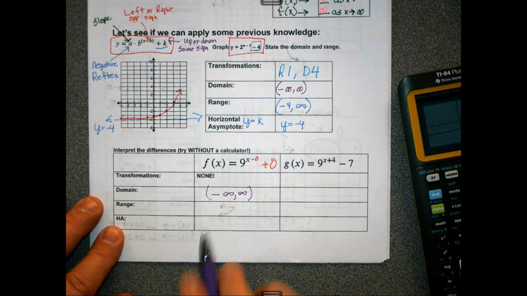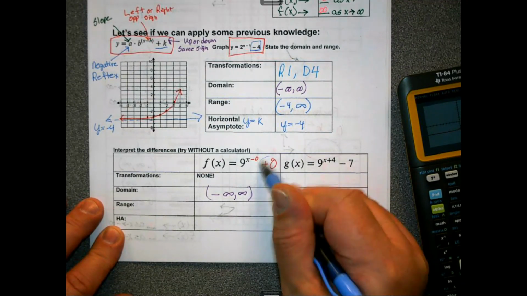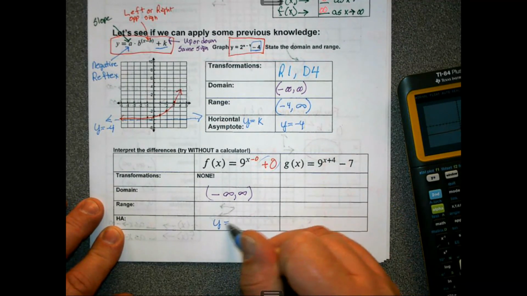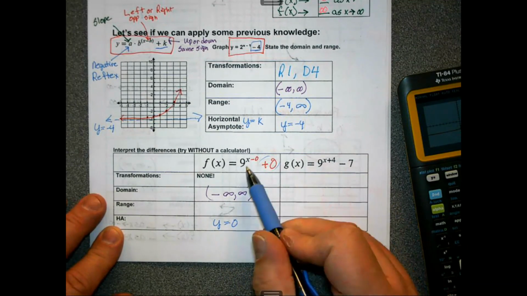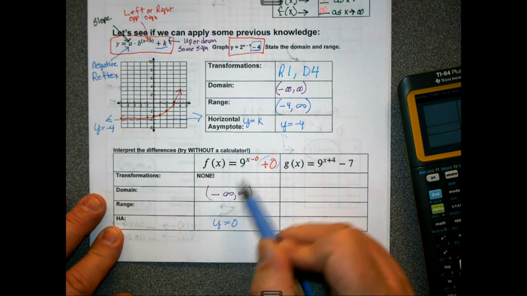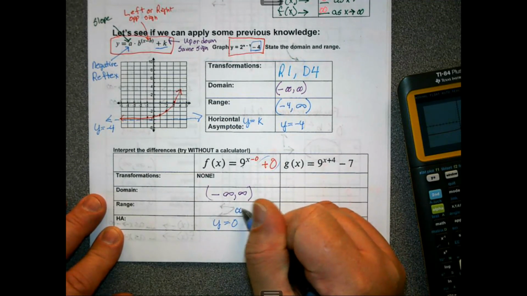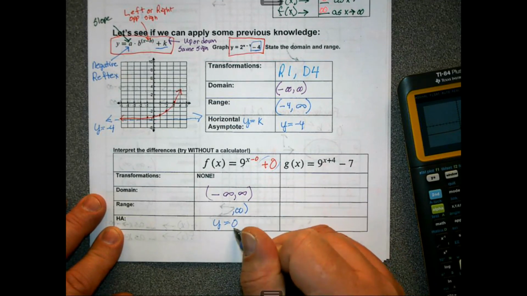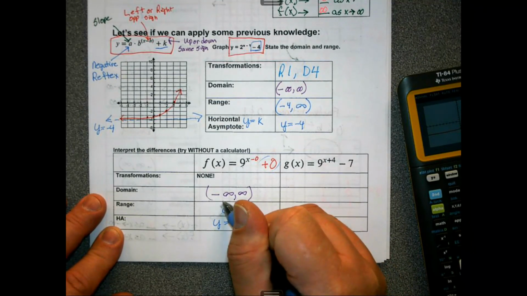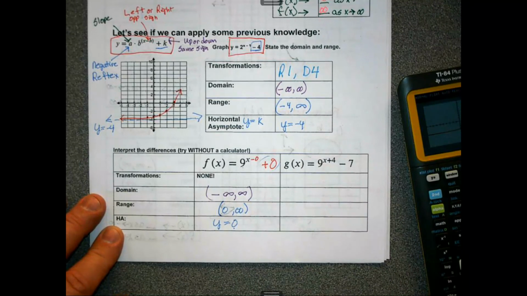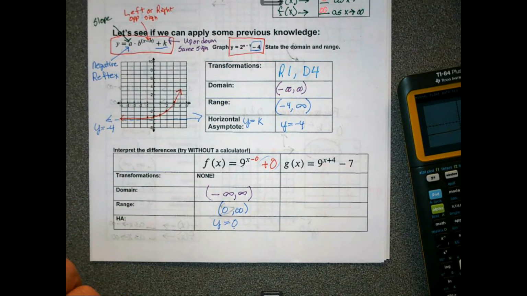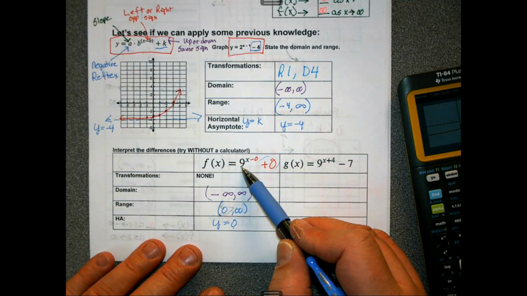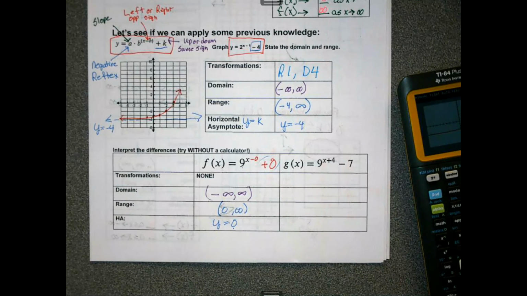I'm going to do the horizontal asymptote first. It's y equals k, right? So y equals 0. We know it's growth, so it's going to positive infinity. And then my smallest number for my range is my horizontal asymptote. It's growth because it's not negative, because my b is greater than 1. Got it. Okay, sorry. That's quite all right.